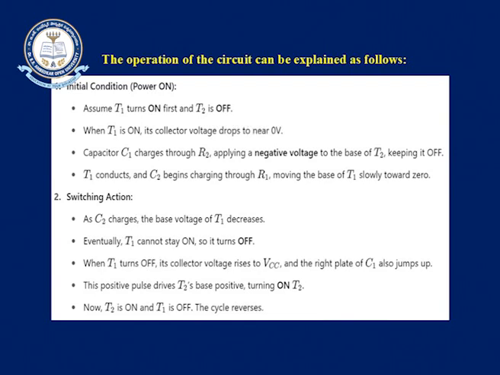And here is how the action takes place. When the capacitor C2 charges, the base voltage of transistor Q1 decreases, and T1 cannot stay in the on condition, so it goes off. When T1 is off, the collector voltage rises to VCC, and the right plate of capacitor C1 also drives the T2 base positive, and then transistor T2 is in the on condition.